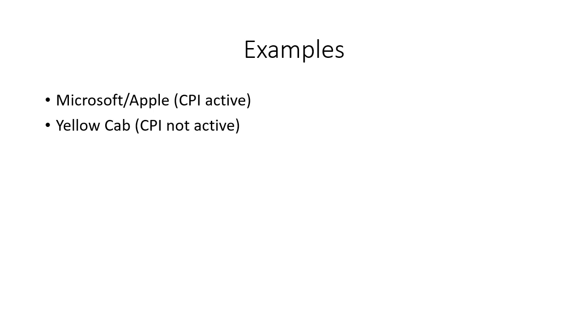Now let's talk about a company that doesn't really change over time and is stagnant. Yellow Cab. CPI is not very active, and this second one is just an example I thought of in my own experience. I don't drive, so I've used Yellow Cab for a long time until the advent of services like Uber, Lyft, things of that nature, which blew the Yellow Cab business model out of the water.